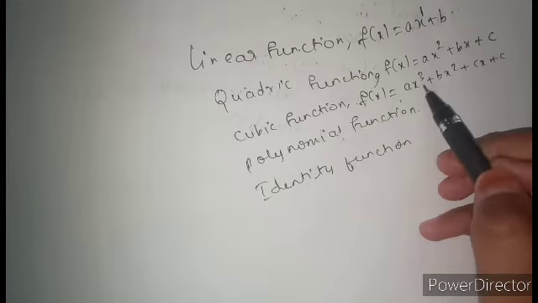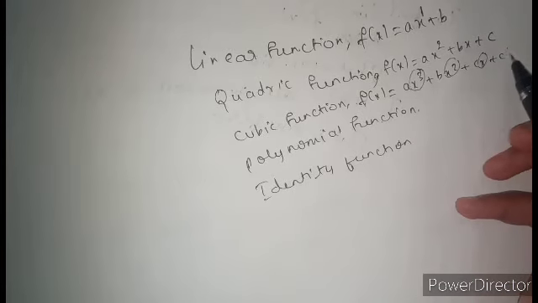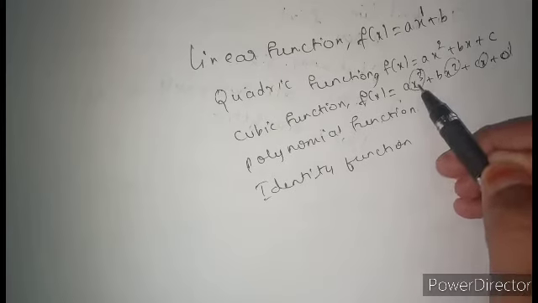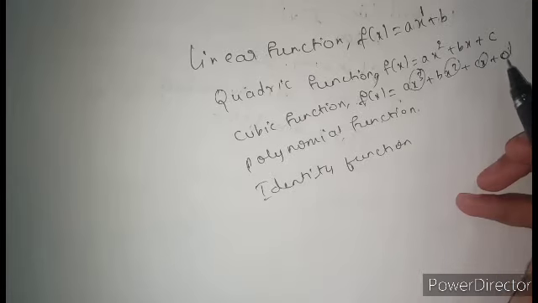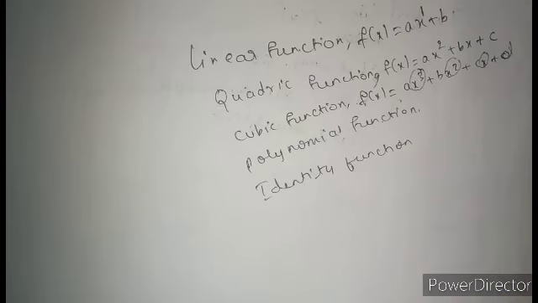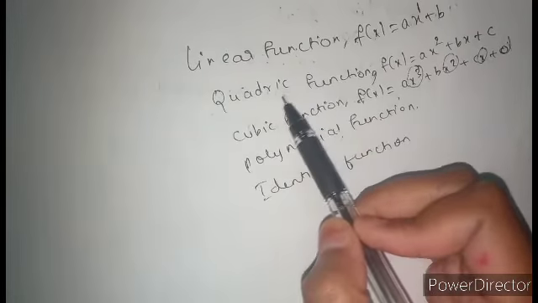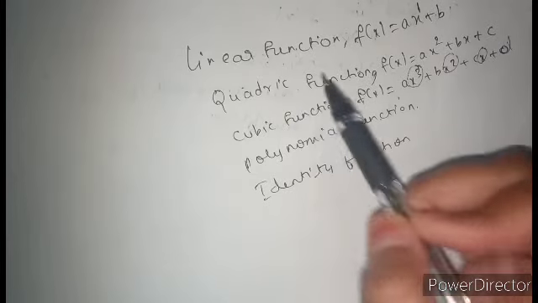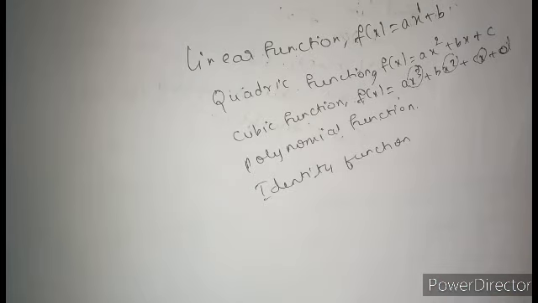Here you observe the power of x is decreasing, right? So remember, if the highest power is 1, then the function is called linear. If the highest power is 2, it is called quadratic. If the highest power is 3, it is called cubic, and the power of x is decreasing.